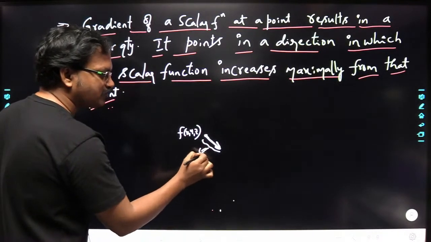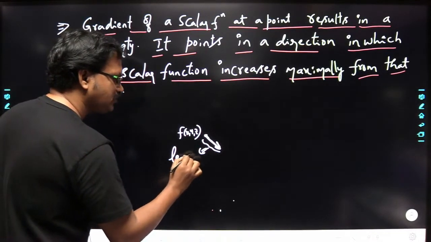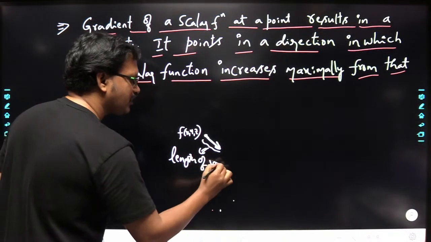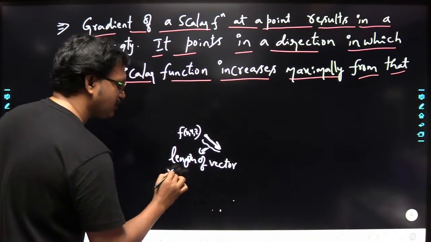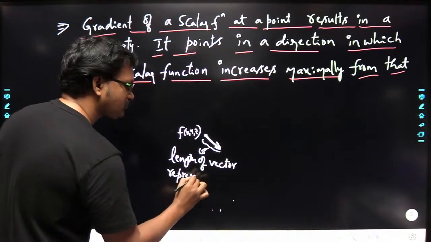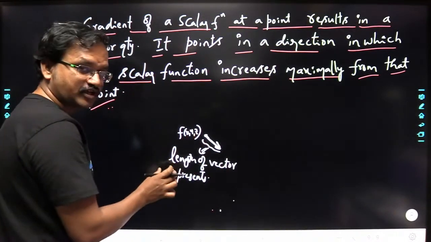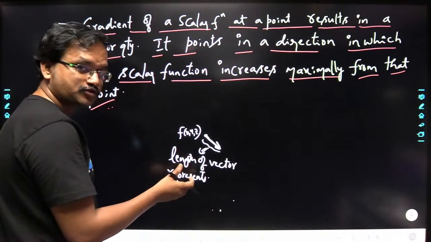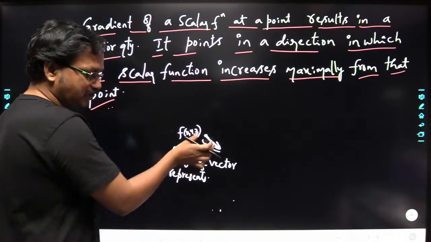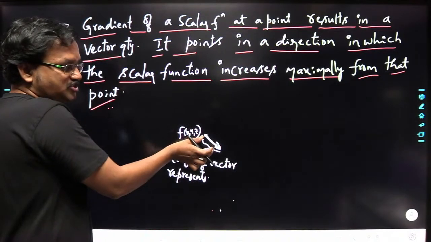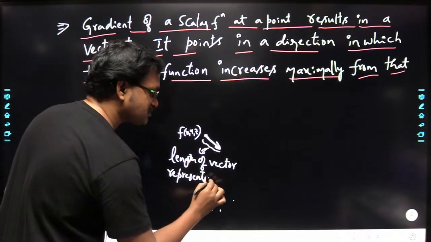Here the magnitude, or the length of the vector, represents the change in function. The length of the vector represents what here?